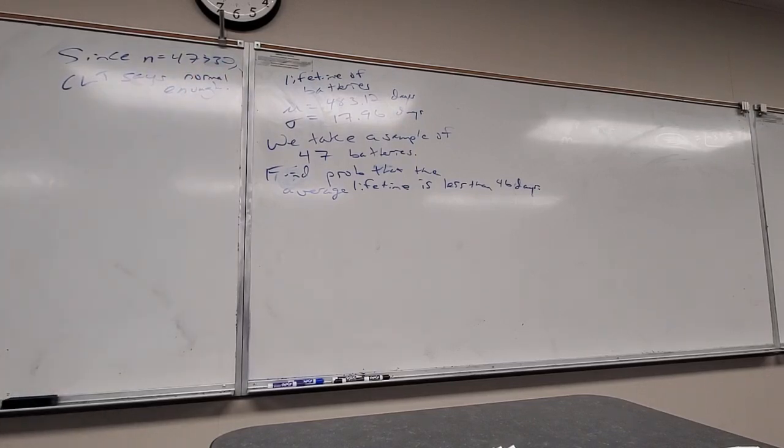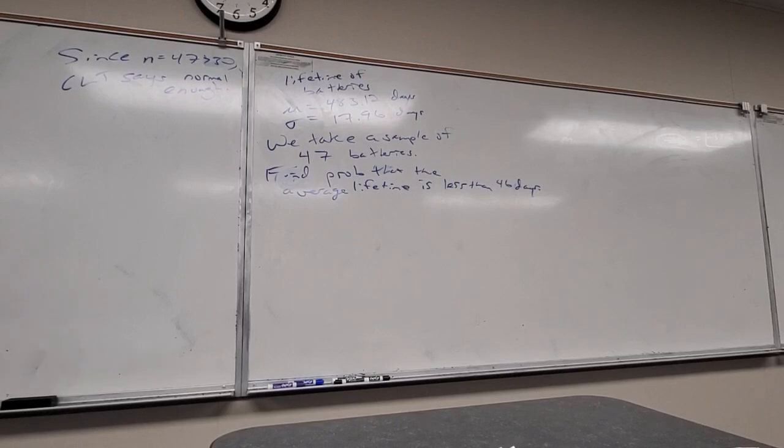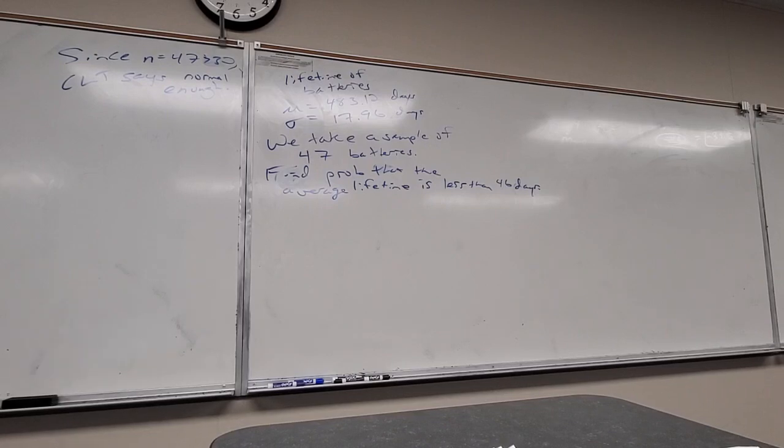This is different from the problem we just did, because in the problem we just did, I told you it was normal. That's why we were able to do it even though I just picked one person. We could then do it no matter how many people I picked, because it's already normal. This one, I don't know what it looks like. It could look like two potatoes. It could look like whatever. I have no idea.